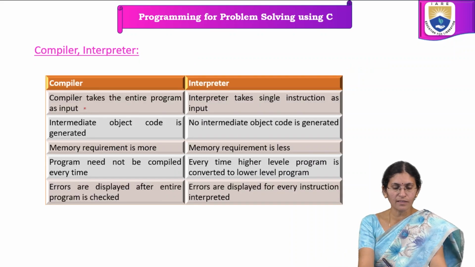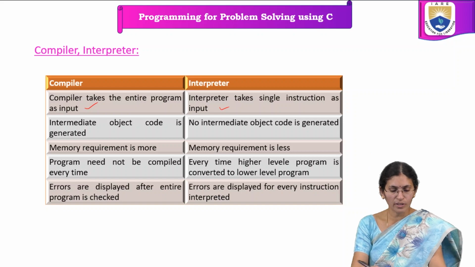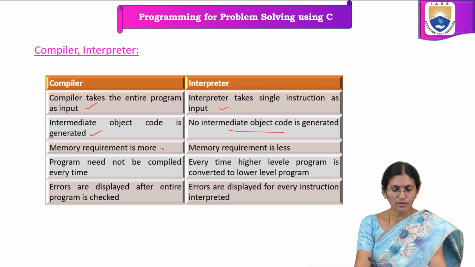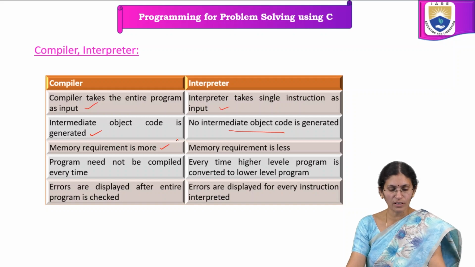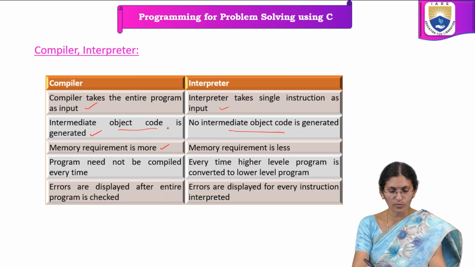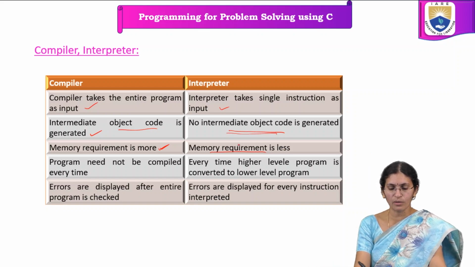The compiler takes the entire program as input, whereas the interpreter takes a single line instruction as input. Here an intermediate object code is generated, but in the interpreter case no intermediate object code is generated. The compiler requires more memory because the intermediate object code is generated and stored in a secondary storage device. Whereas the interpreter does not generate any intermediate object code, so the memory requirement is less.